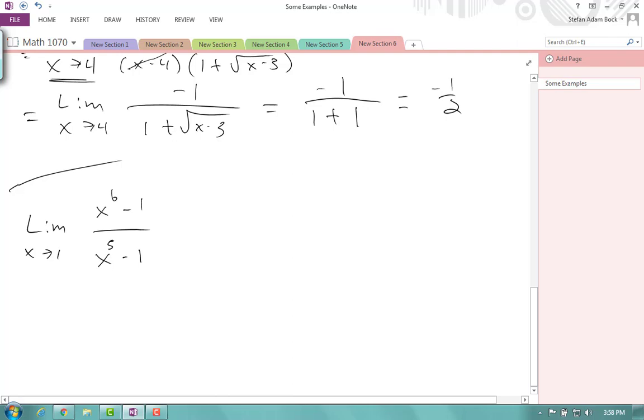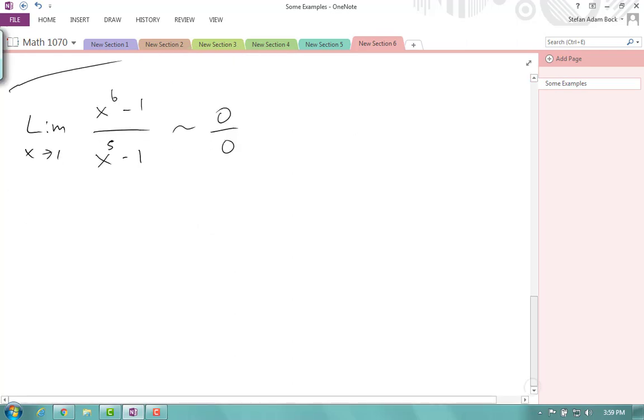If I plug in 1, whatever power is just going to be 1, so I'm going to get 0 over 0 again. But factoring an x minus 1 out of these can be kind of hard. I could try a polynomial long division, but nobody wants to do that. But I do have more general factoring rules at my disposal.